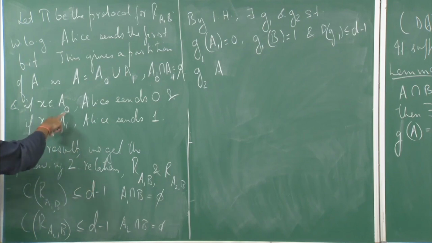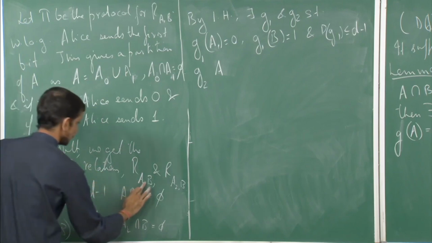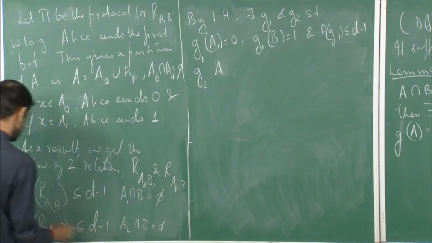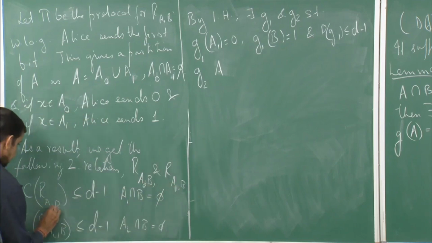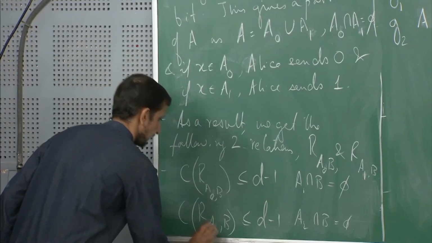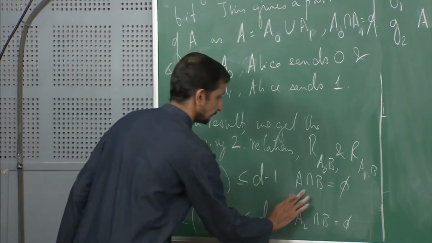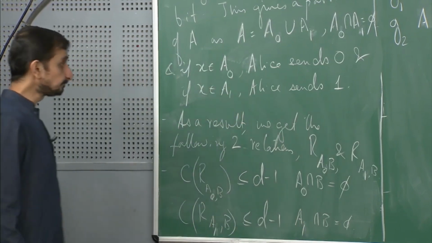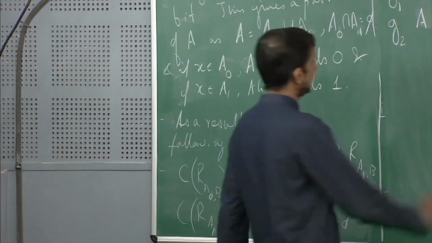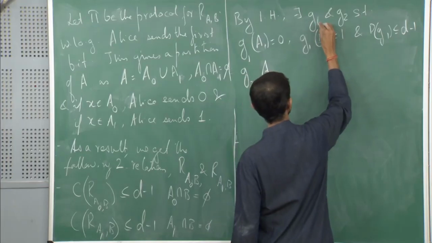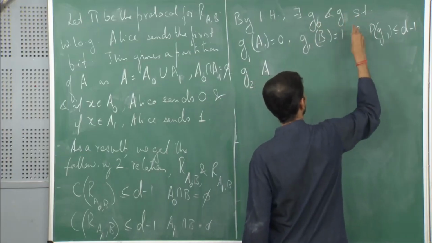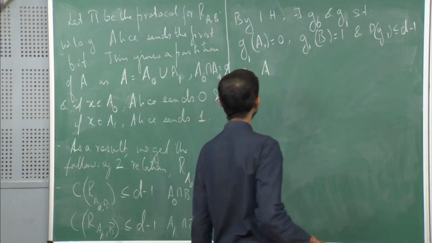So it is A0, A1, and let me write this also as G0 and G1.